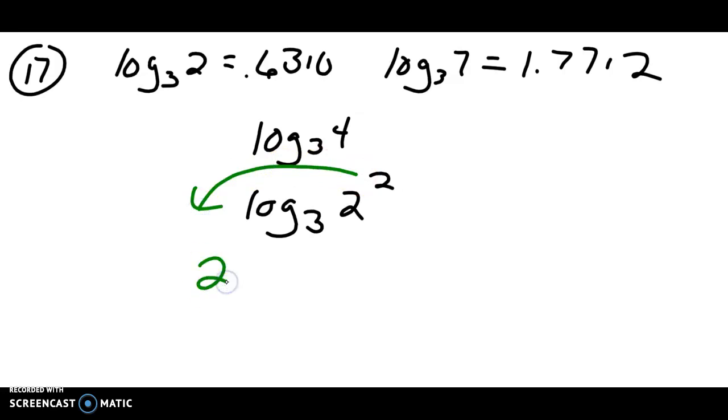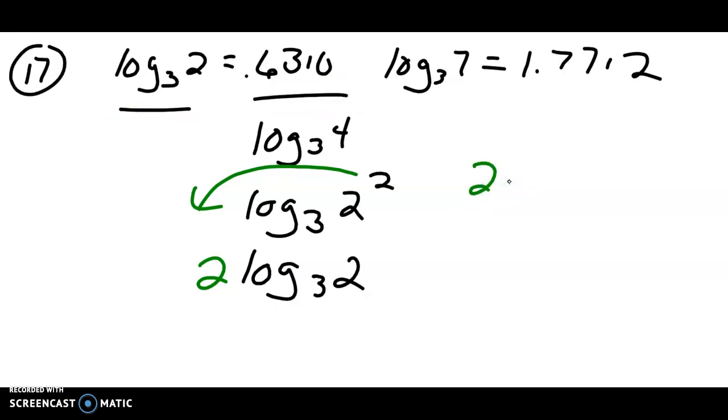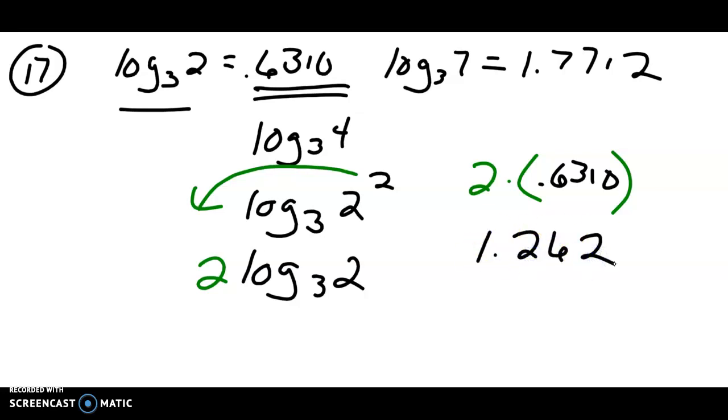So it's going to be 2 times the log base 3 of 2, which we know is going to be 2 times this value for the log up here, 0.6310. And once I multiply that out, I'm going to get 1.262 as that log evaluated.